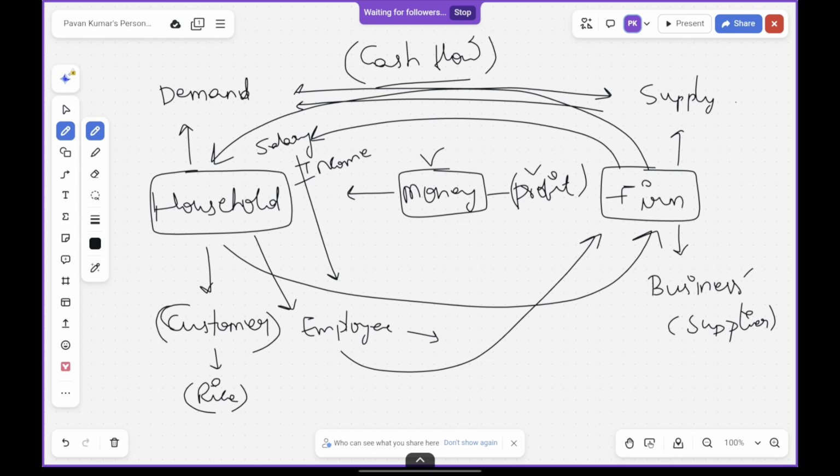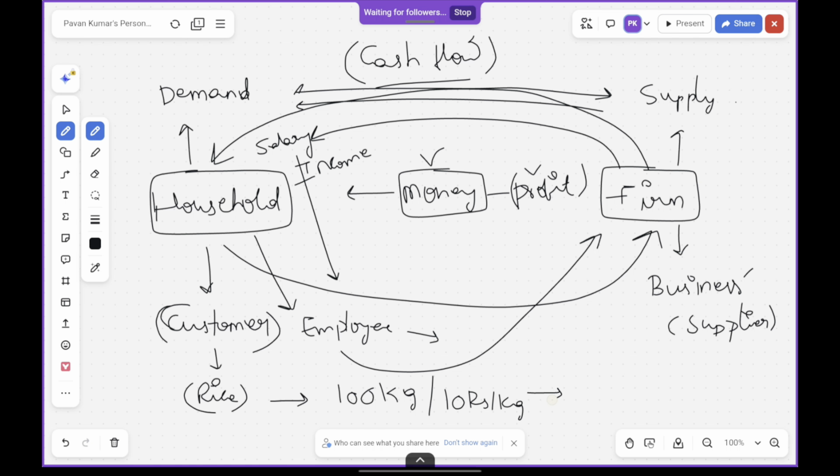Correct? So let me make you understand once again. When the firm or the business pays the salary to the employee who is working for the business, the purchasing power is increasing for that particular person. Let's say he has the ability to purchase 100 kg of rice at 10 rupees per kg.